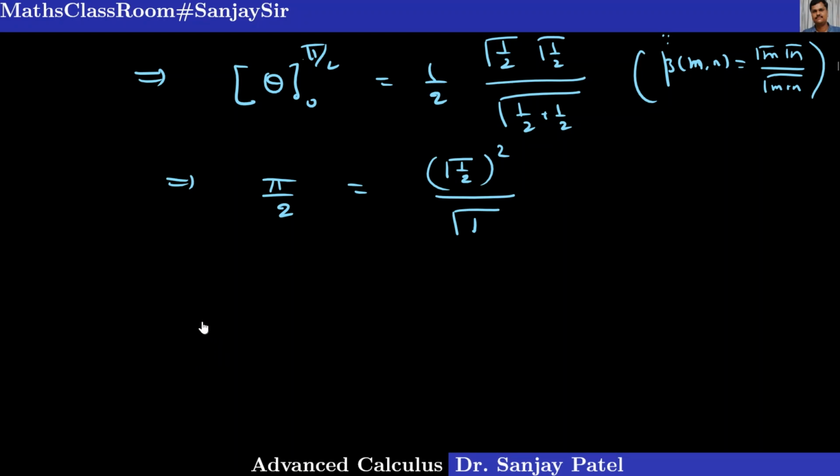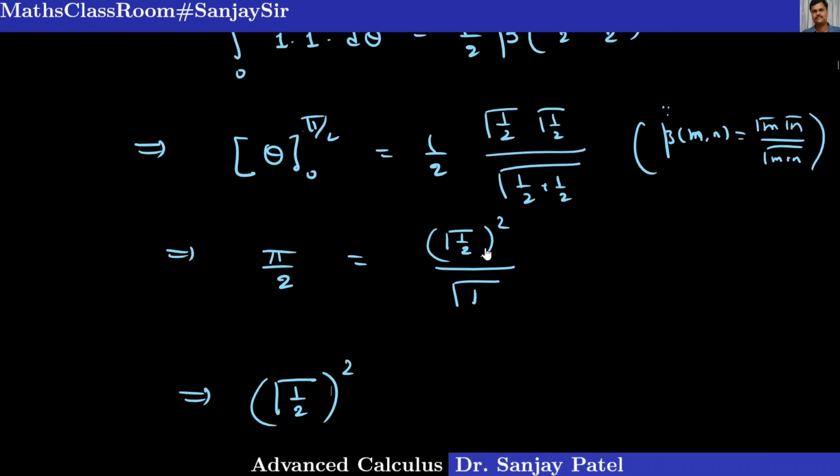So this gives me gamma 1 by 2 squared is equal to, I think I forgot something. Yes, there is a 1 by 2 here, so that will be cancelled with this 2.